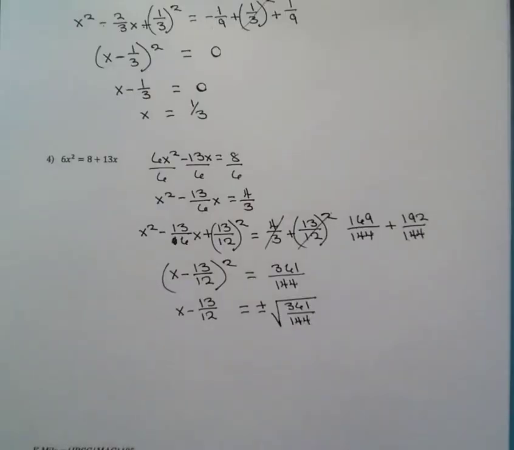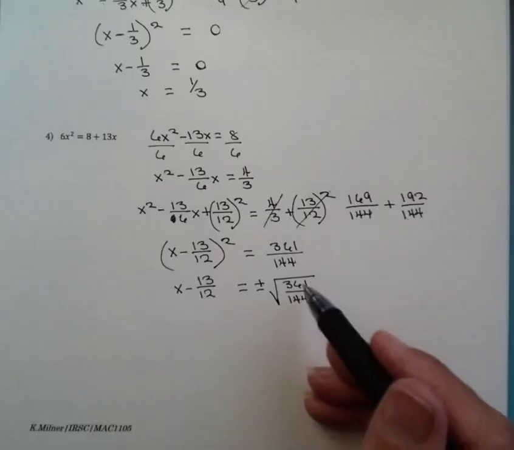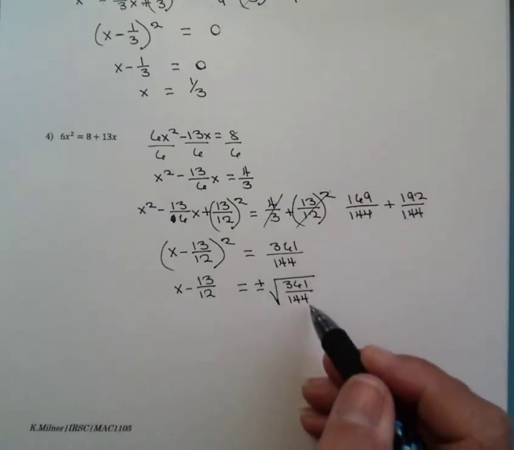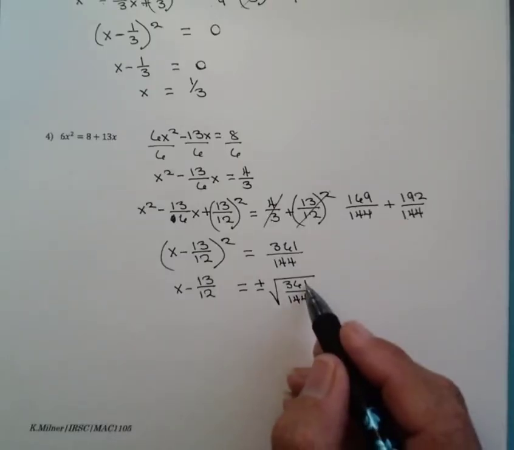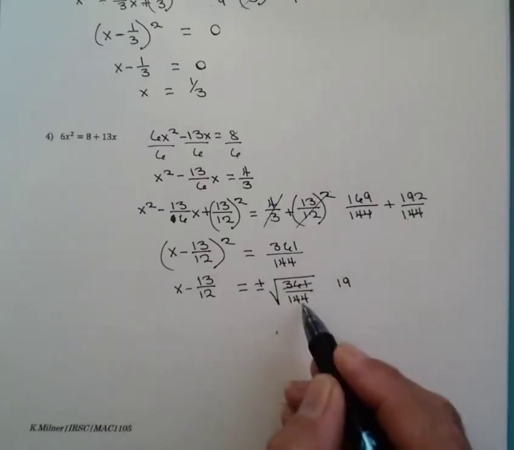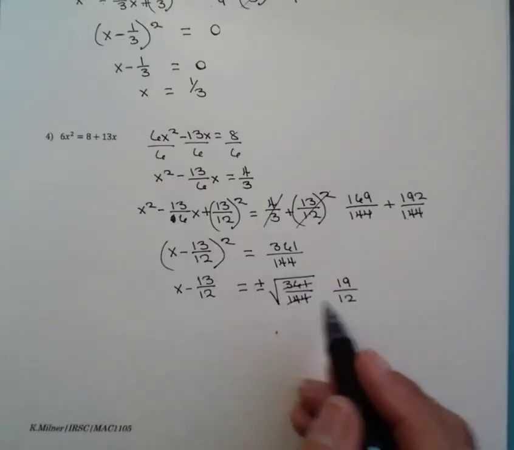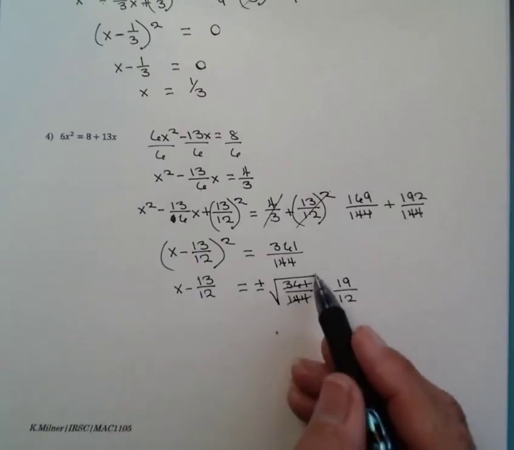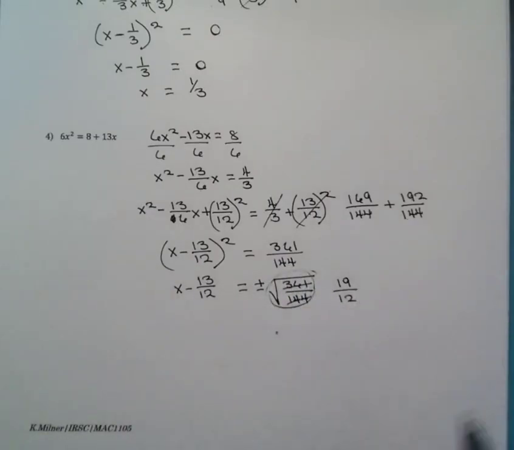Now, you remember that when you've got a fraction under a radical, it's the same as having the numerator as a radical and the denominator as a radical. So I can look at that and say, are these perfect squares? Well, 361, if I check it in my calculator, has a square root. It's 19. 144 has a square root. It's 12. So this resolved into 19 over 12, that radical I just got rid of and put 19/12, okay?